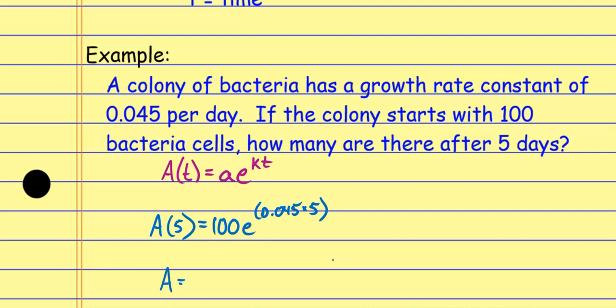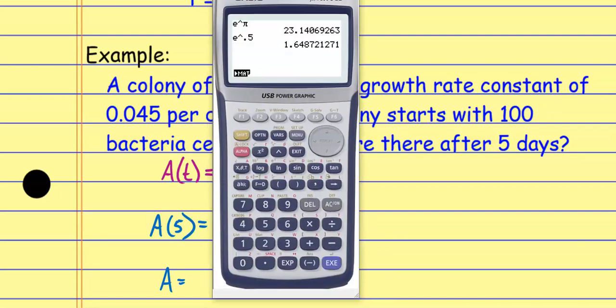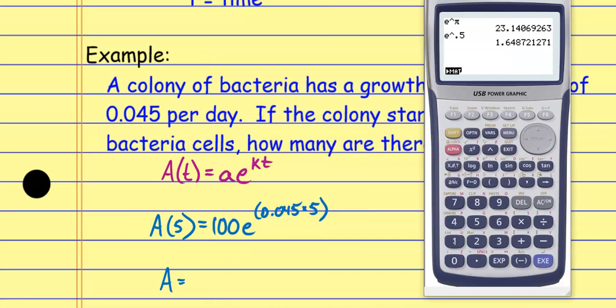Well, again, this ends up being just a job for my calculator. So the amount here, if I pull my calculator up, 100 times e, and then put this in parentheses to make sure that whole thing becomes the exponent, 0.045 times the 5, okay? Parentheses and order of operations become really important here.